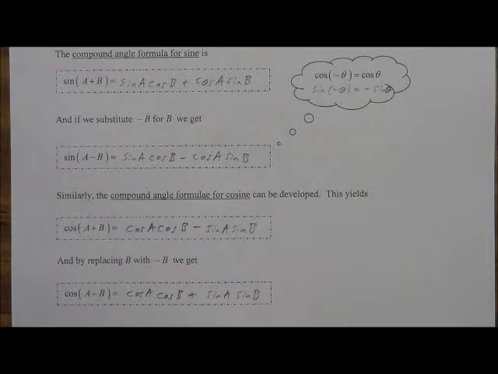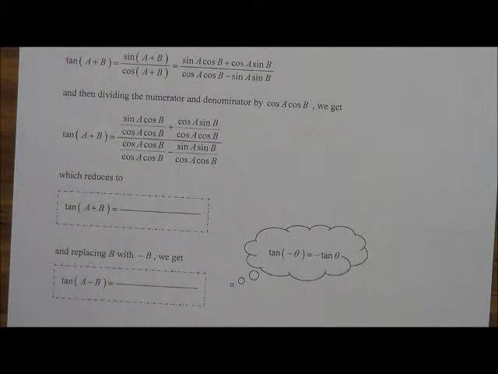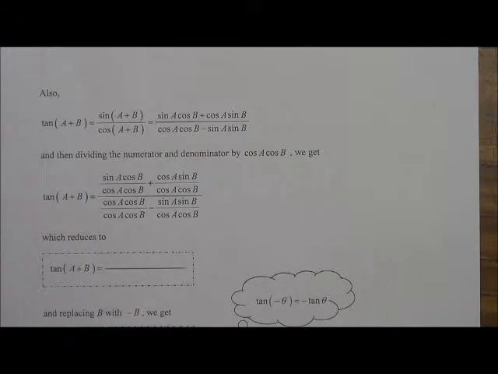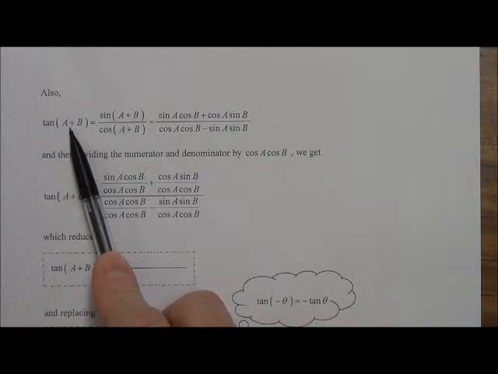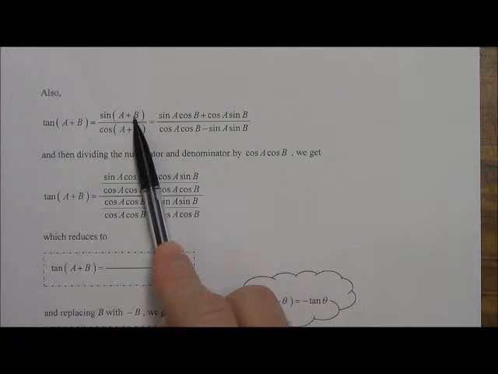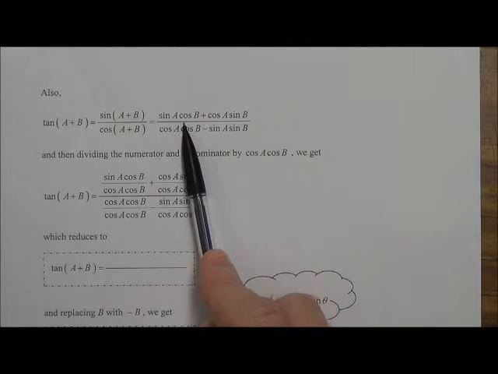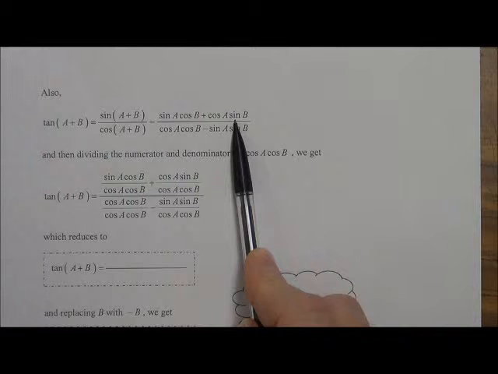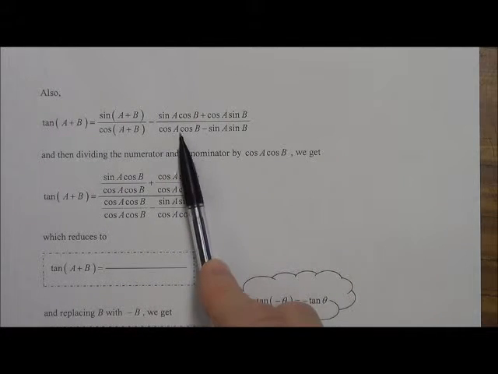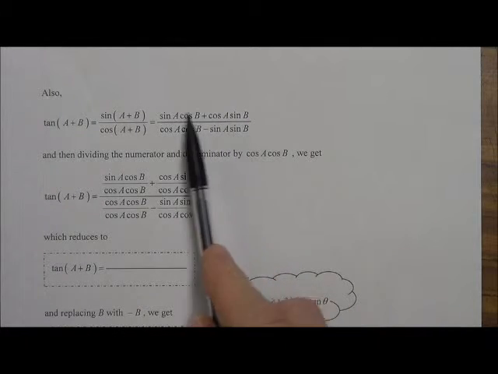Now, we don't just get to enjoy sine and cosine, we also get to look at the tangent ratio. We know that tan theta is sine theta over cos theta. So tan of A plus B is sine A plus B over cos A plus B. And sine of A plus B is sine A cos B plus cos A sine B from page 1 of this lesson, and cos A plus B is cos A cos B minus sine A sine B from the first page of this lesson.